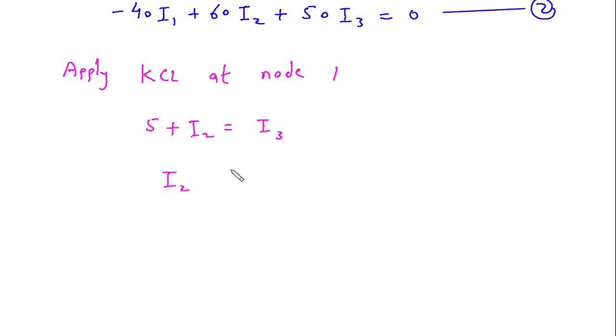So I2 minus I3 is equal to minus 5. Let's assume this is equation number 3.